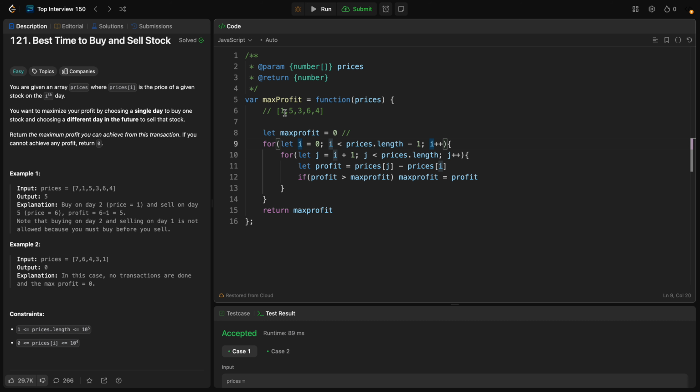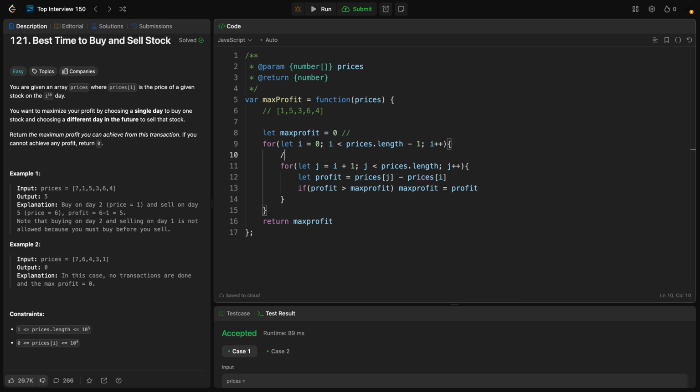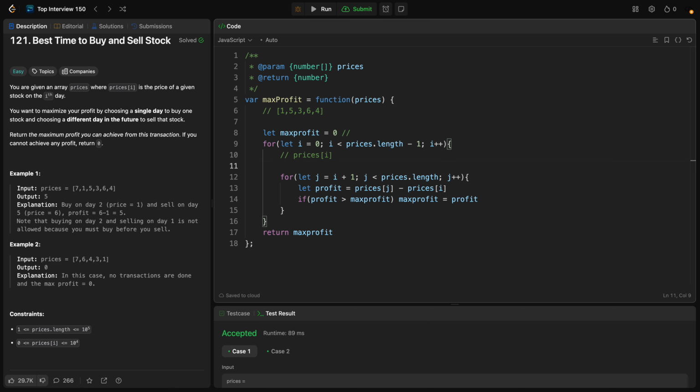We start with prices of I and prices of J. Let's loop first. So prices of I will equal 1, and prices of J will equal 5.